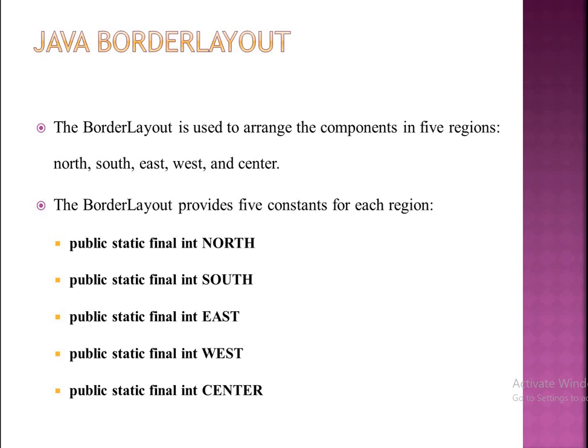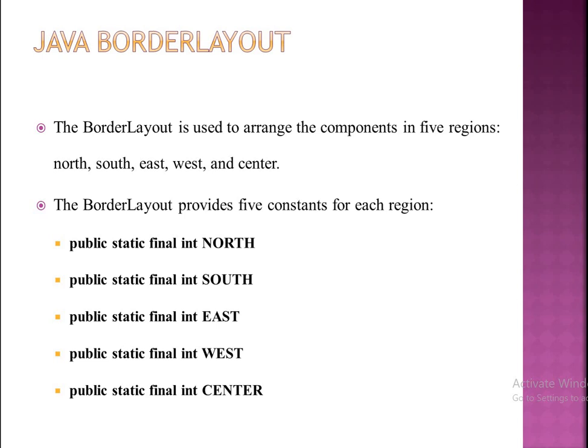BorderLayout is used to arrange the components in 5 different regions: North region, South region, East region, West region, and the middle one, which is called Center. We can place fixed width components at the edges, which are defined as north, south, east, west and center.